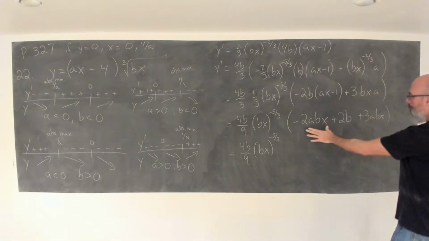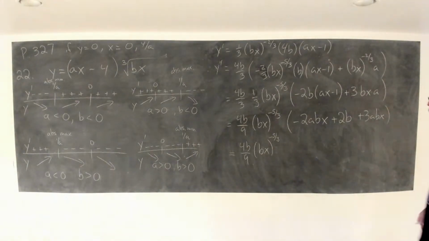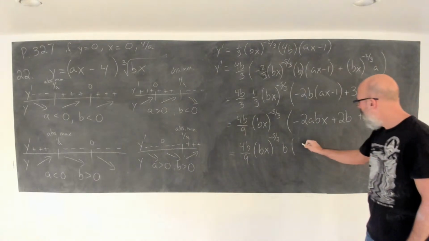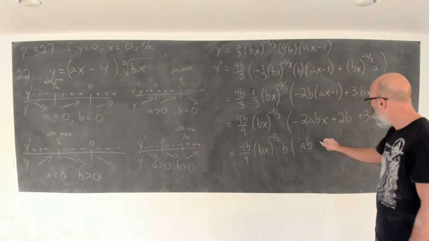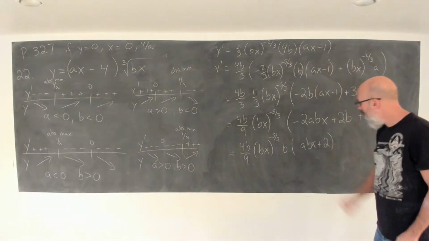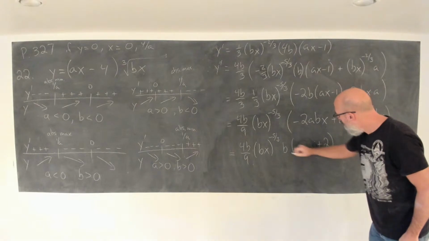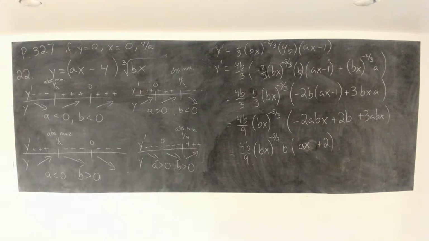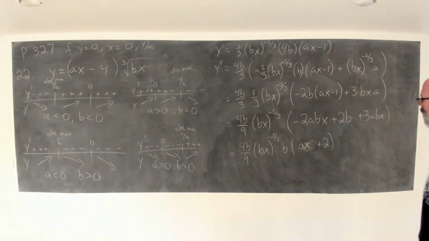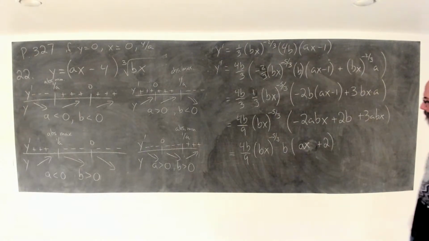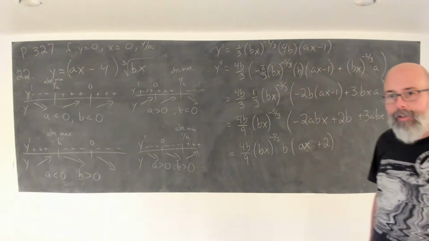And here, minus 2abx plus 3abx is just abx. So if I factor out a b from there, it's abx plus 2b, and factor out the b.